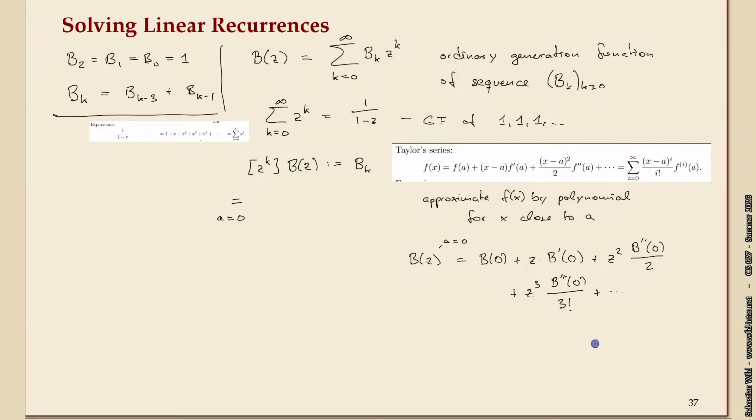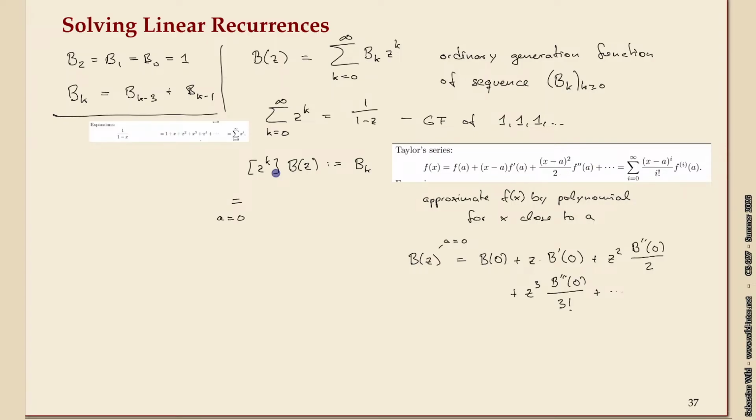If you've ever wondered how pocket calculators compute the sine function or cosine and all these things, they can't actually compute sine. They compute an approximation using Taylor series expansions. And then they can evaluate the resulting polynomial efficiently. So it's very widely spread, and you use it all the time. But here we're going to use it in a totally different way. We're just using it symbolically.